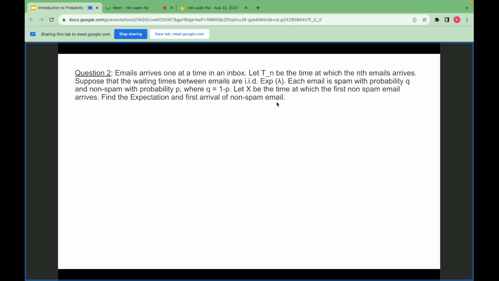Now each email is spam with probability q and non-spam with probability p, where q is equal to 1 minus p. Let X be the time at which the first non-spam email arrives. Then find the expectation of the first arrival of a non-spam email.